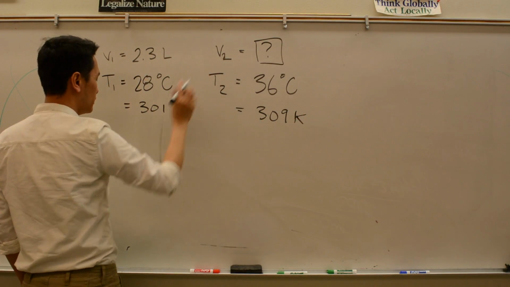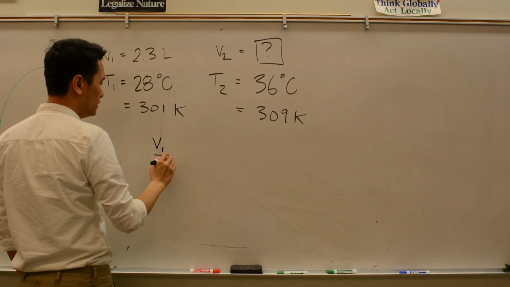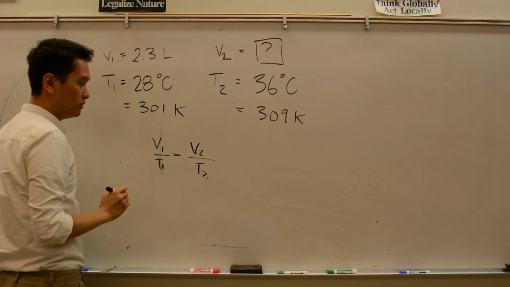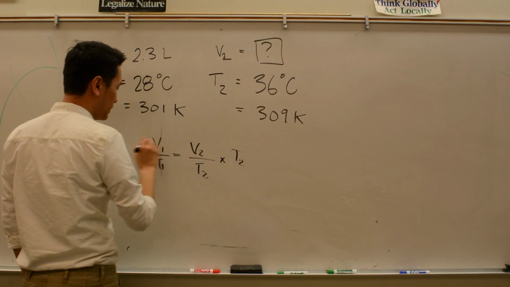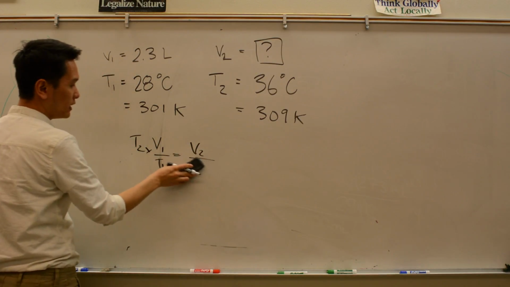We want to solve for V2, so again I'm going to say that V1 over T1 is equal to V2 over T2. To get V2 by itself, I multiply both sides by T2. Therefore, T2 cancels out.